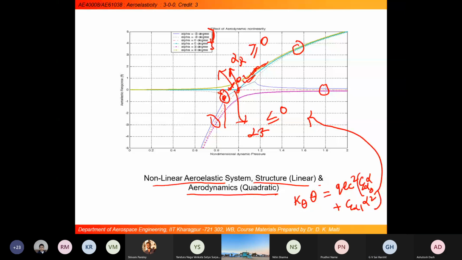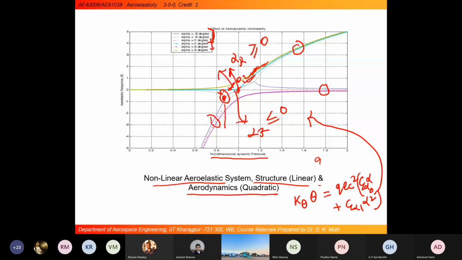Yes, sir. Okay. What I am saying here in this nonlinear system, depending on the value of alpha, we'll be getting two roots, and I have just plotted for various values of alpha, the initial angle of attack, how the roots are varying with respect to the increased value of the non-dimensional dynamic pressure, that is Q bar basically.